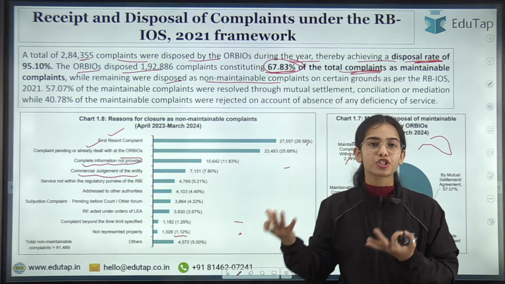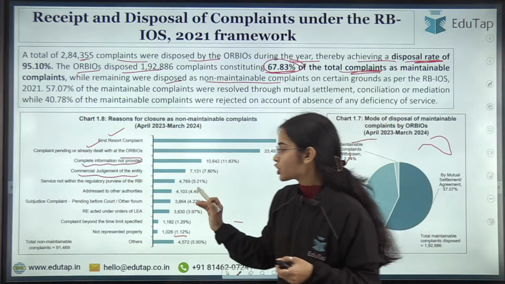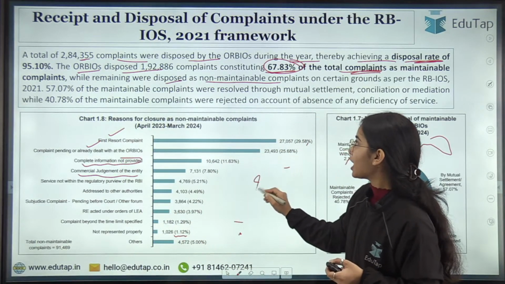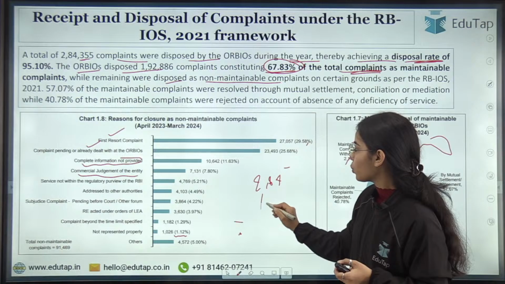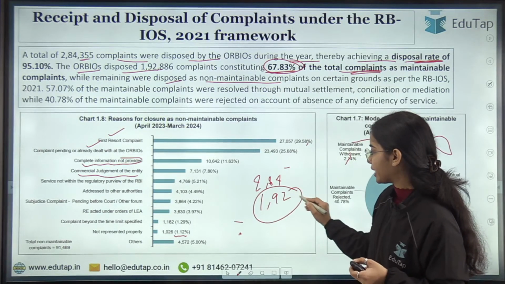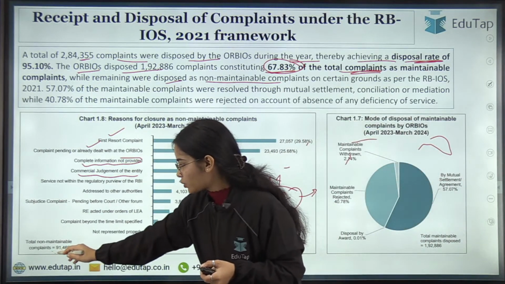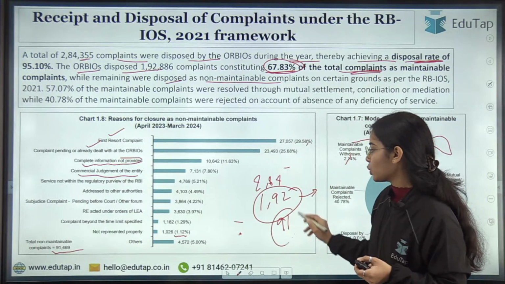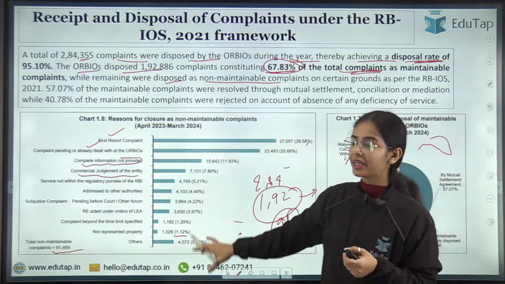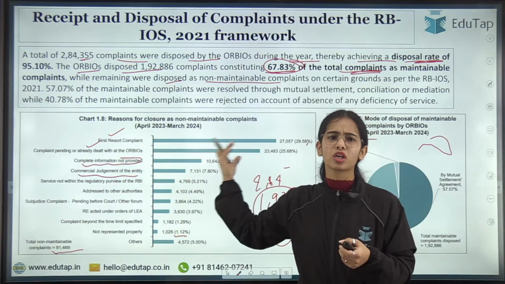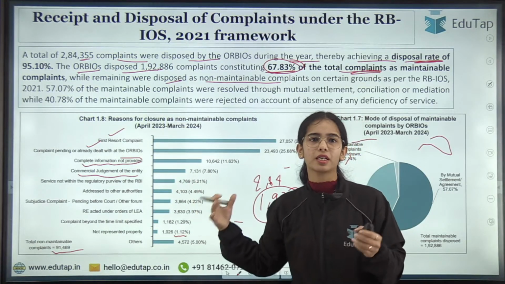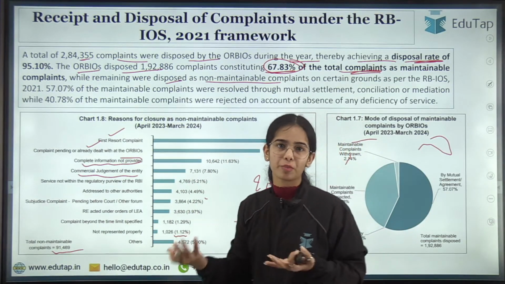So out of the 2,84,000 complaints, 1,92,000 were maintainable, while nearly 91,000 were non-maintainable. Why? Because they were first resort complaints, suggestions, feedback, duplicate complaints, not providing the whole information, or such.